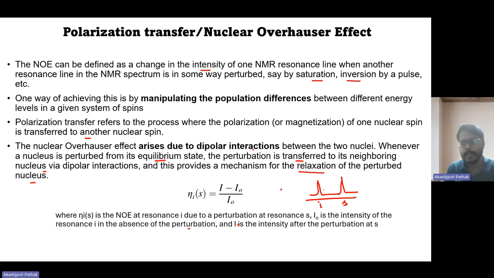This is the intensity when there is no perturbation in the nuclear spin of this nucleus. So when the equilibrium state of the S nuclear spin is perturbed, since these two nuclei are in dipolar interaction, the intensity of this nucleus changes from I0 to I.